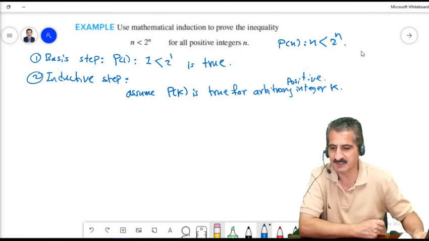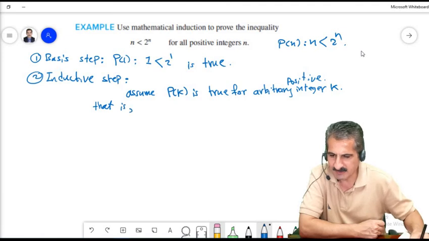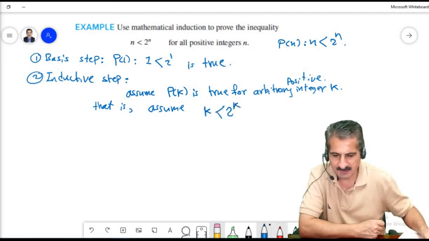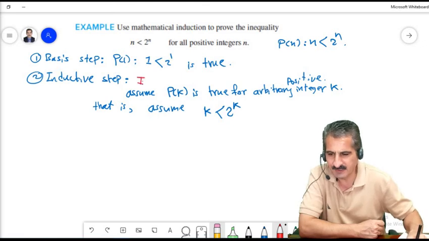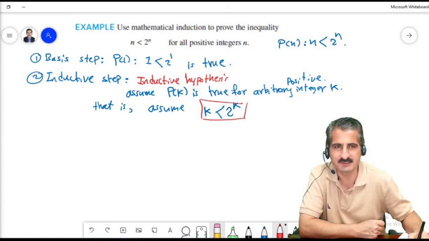I did not write that in the first two examples. So that is what we are assuming, that k is less than 2 to the power k. And now remember, all this is called the inductive hypothesis. So actually the inductive hypothesis is this part, okay?